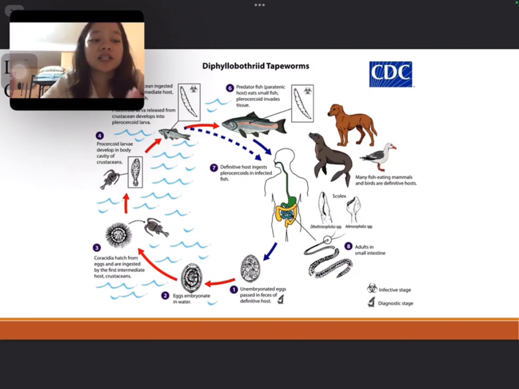Finally, the life cycle is completed when humans consume raw or undercooked fish containing these infected plerocercoid larvae. Upon ingestion, the larvae are released into the human digestive tract, where they attach to the intestinal walls and develop into adult tapeworms. So that is the continuation of the life cycle.